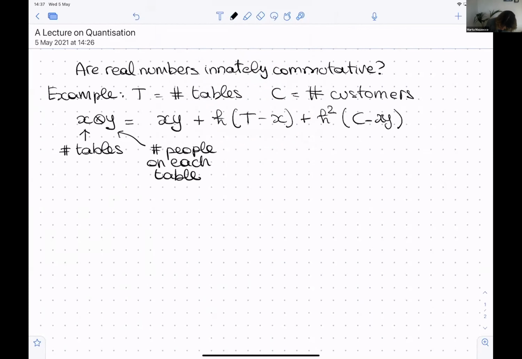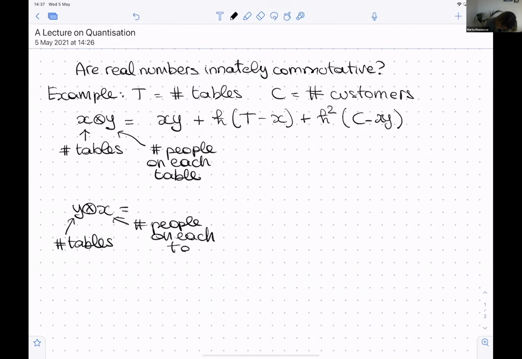So if I do instead y star x, well, this means that I have y tables occupied with x people on each of them. So the total number of customers is the same, but the total number of tables left is different.